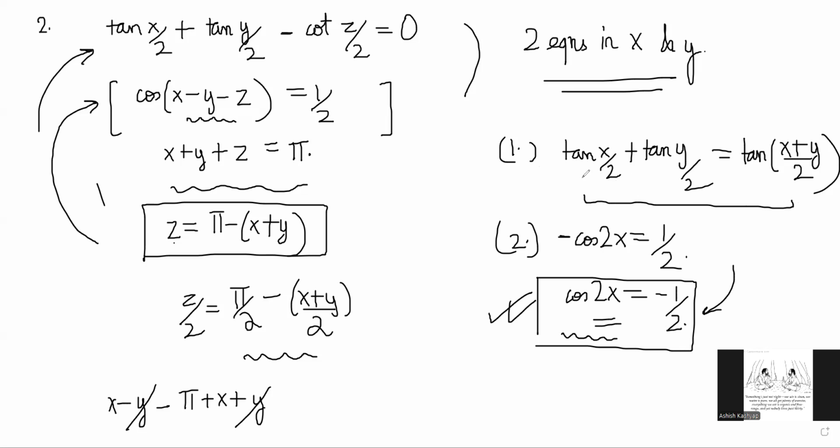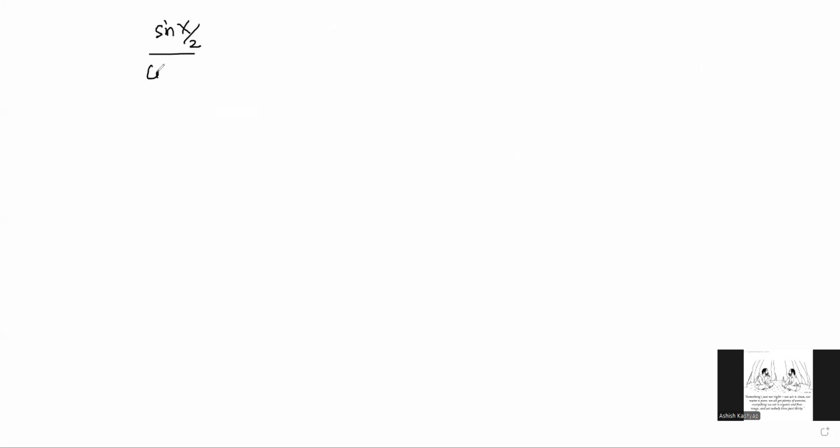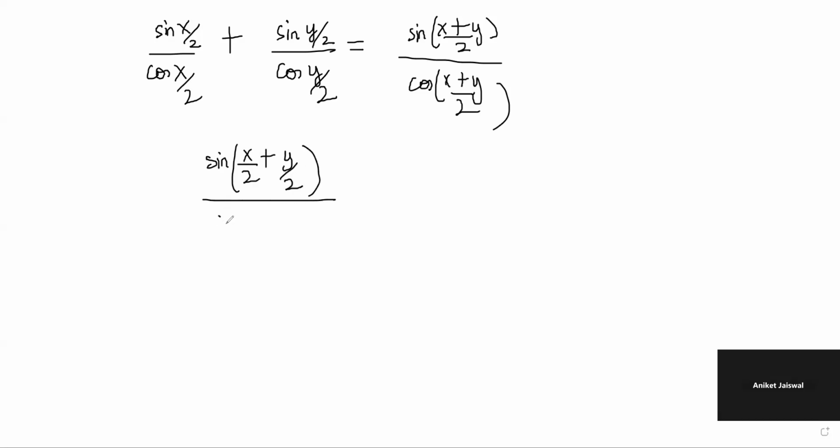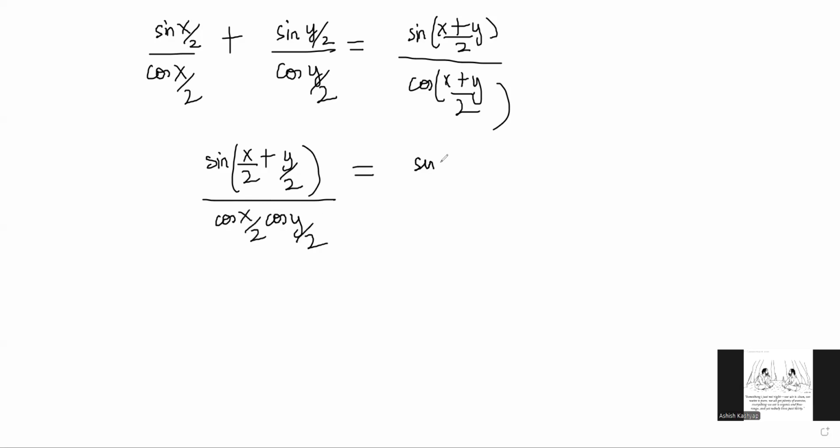If you try to do here first, by converting into sine and cos, you get sine x by 2 by cos x by 2 plus sine y by 2 by cos y by 2 is equal to sine of x plus y by 2 divided by cos of x plus y by 2. This part is becoming sine of x by 2 plus y by 2 divided by cos x by 2 cos y by 2. This is equal to this.